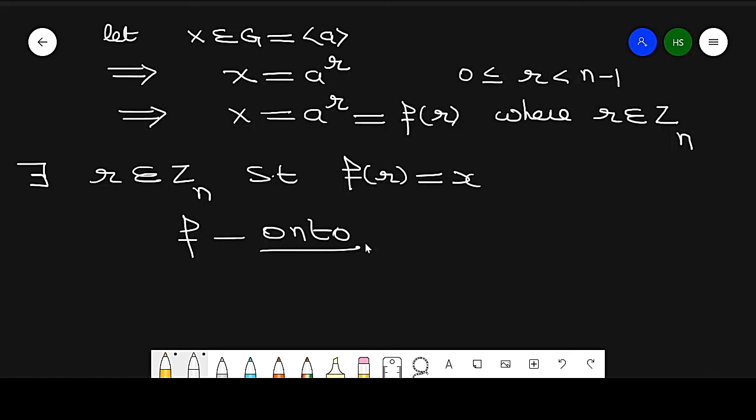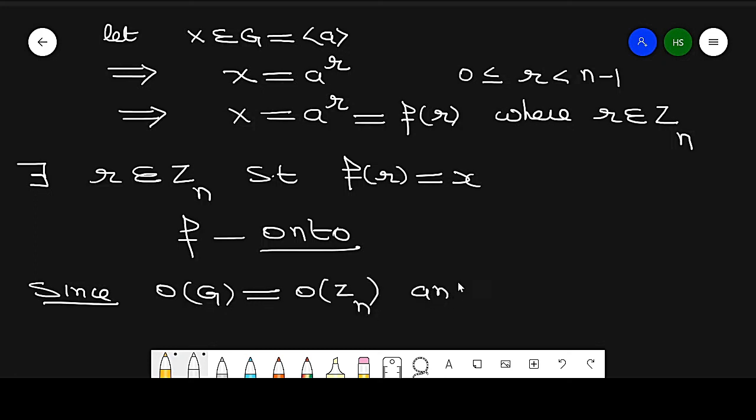Now also, both have the same order, then it is one-one because it is a homomorphism and onto, and the order of G and the order of Zn, they have n elements. Since the order of G and the order of Zn are the same, and f is onto, it implies f is also one-one.